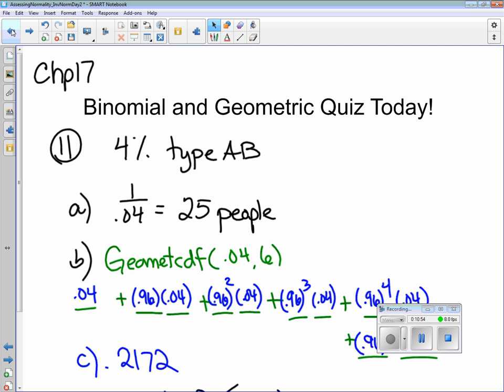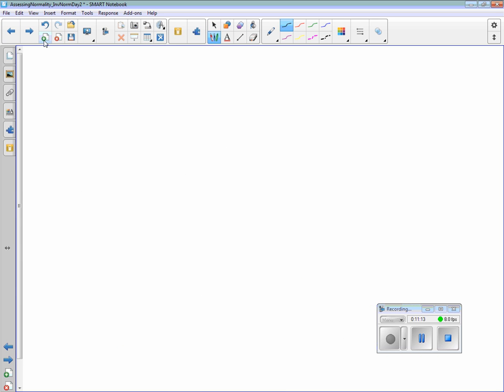Any other questions? Yes, Hunter. 18b. This will be the last question. Okay. So in question 18, we're talking about arrows. So we've got to find our probabilities.